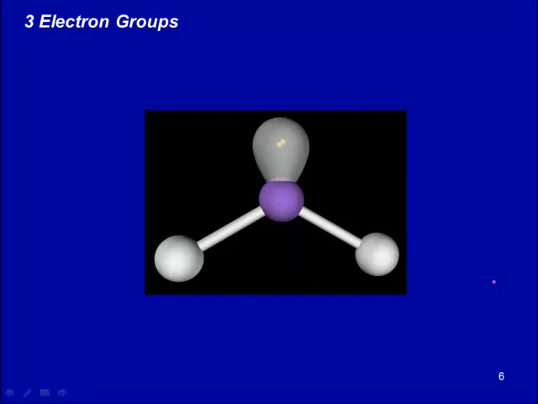I strongly advise you to run the Colorado simulation program side by side with this podcast, so you can jump back and forth between those programs. Take a look at it in the simulation program, and you can actually rotate the whole molecule and get a good understanding of 3-dimensional shapes.